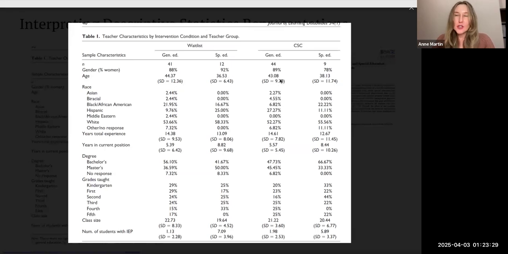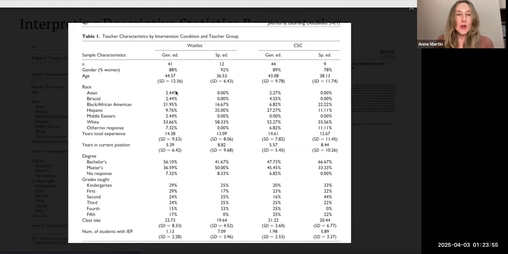The reason why researchers give such detailed descriptive statistics is to help a reader get context as to who the participants are, and to bolster their confidence that these results can be generalized to other similar populations. So that's why it's important to include those.